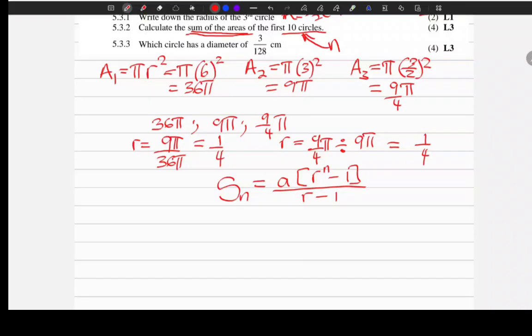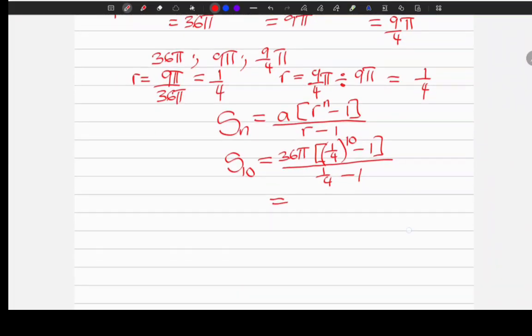And we're going to substitute. This is now S10, and the 10 is given. The first term is 36 pi, and r is 1/4, to the power 10, minus 1, over 1/4 minus 1. Right?